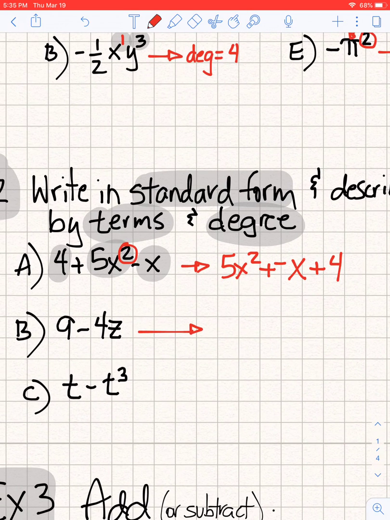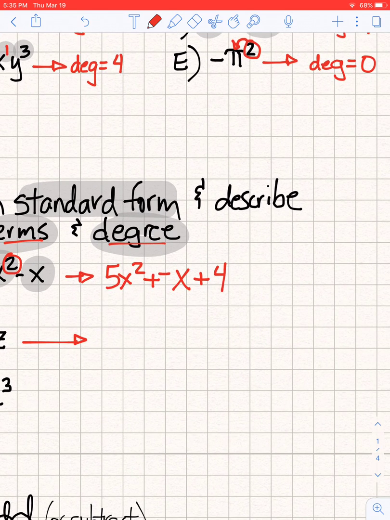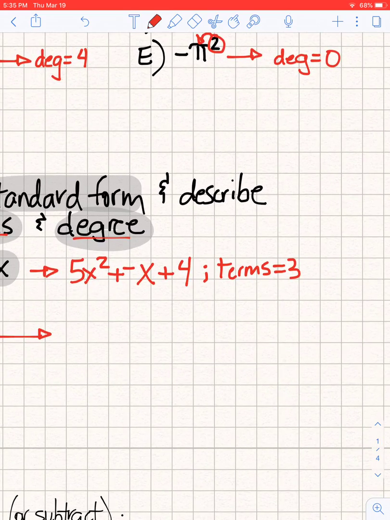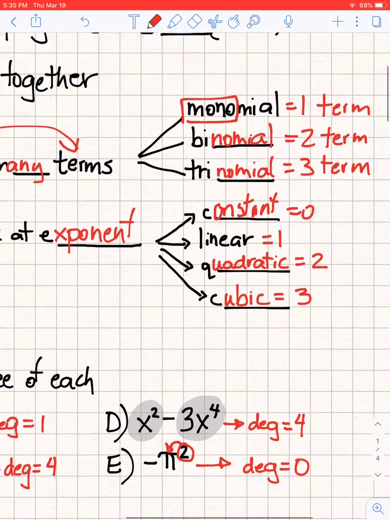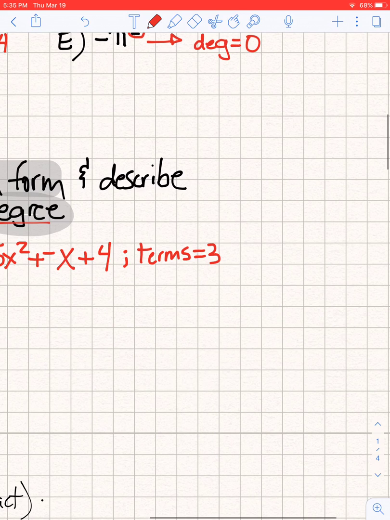Example B. We have just two terms. Oops, hang on, I got to go back. I forgot. We need to define by terms and by degree. So in this one here, I'll put a semicolon here, and then we'll say the terms are 3. So if we look back at our list and find the word that matches 3, we see that this is the trinomial one. All right, so this is a trinomial.